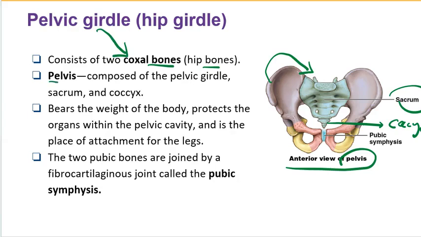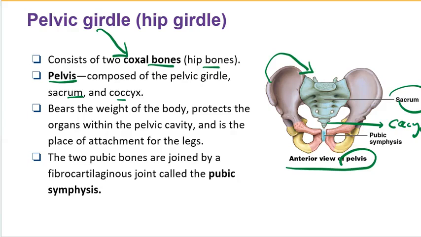Whenever we're talking about the pelvis, it means 2 hip bones plus the sacrum and the coccyx. This is important because the pelvis bears the weight of the body and also protects the organs of the pelvic cavity, which means organs of our reproductive system, some organs of the urinary system, and some organs of the digestive tract found in the pelvic cavity.